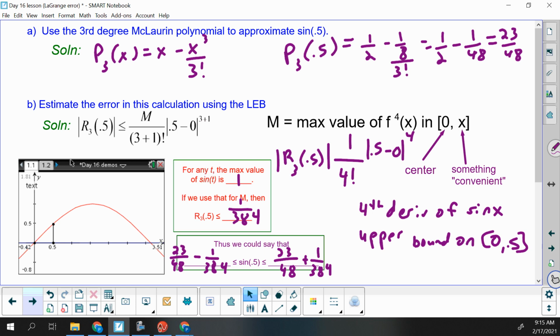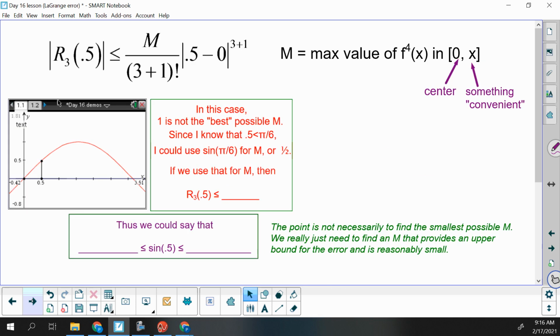Now you might be saying, well, why pick 1? We could have been even more accurate. So if we think about it, x equals 0.5 is less than pi over 6, because 0.5 is 3 divided by 6, and pi would be 3.14 divided by 6. So basically pi over 6 would be about here.